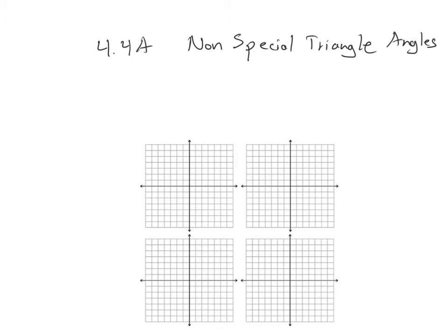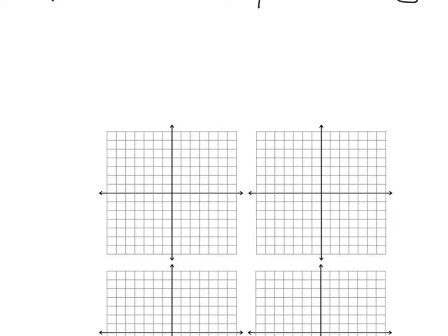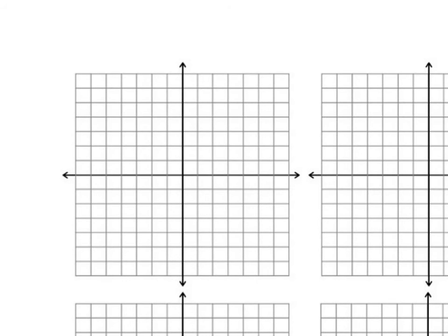Well, let's get started. Let's imagine we have an angle here, like so, and we'll start it off with a positive degree. Theta is positive, and it gives us the coordinate here.